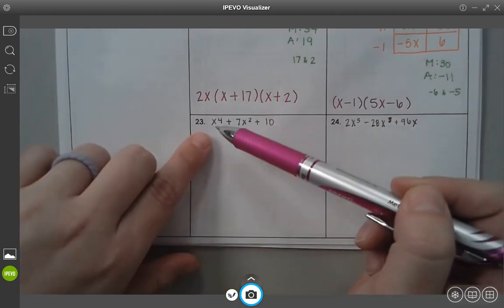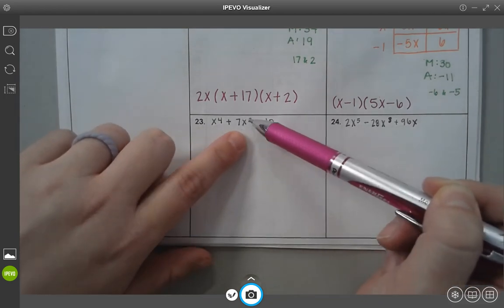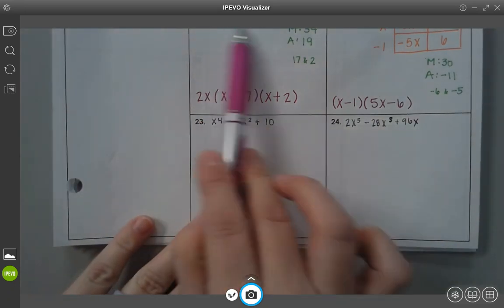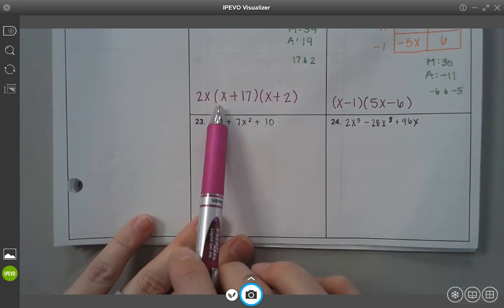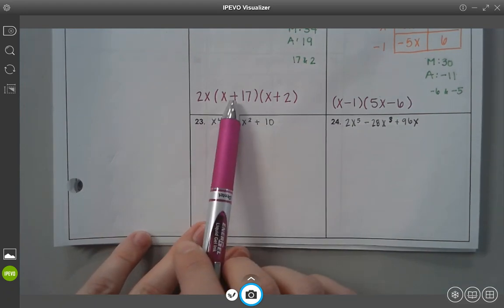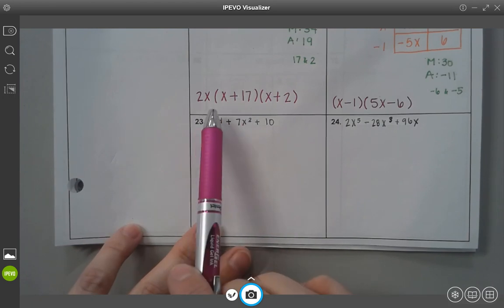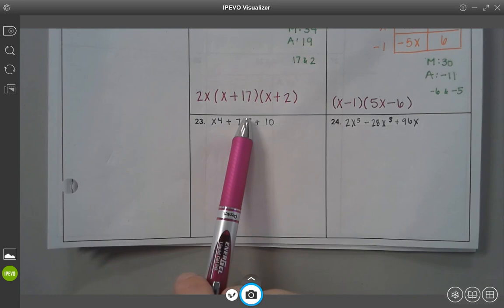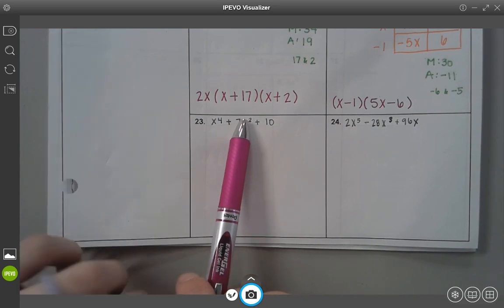If you have a question that's x to the 4th and then x squared, then we actually do it the same way, but what we put back in our factors is x squared instead of x. If it was x to the 6th and x cubed, you would put x cubed instead of x.